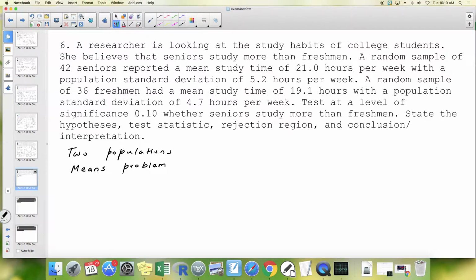Is sigma 1, sigma 2 known? Yes, they are. And is it a chapter 7 or chapter 8 problem? You can see it's a chapter 8 problem.